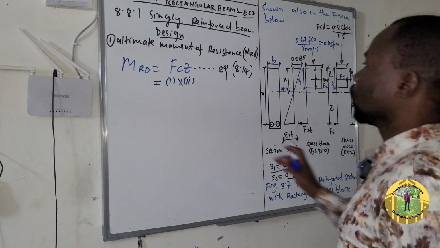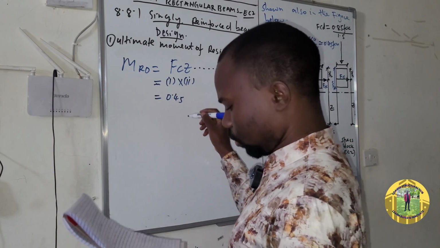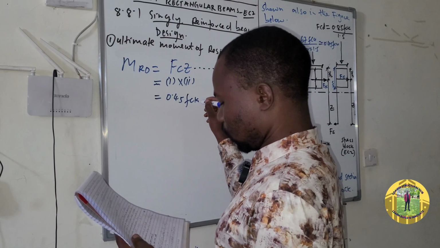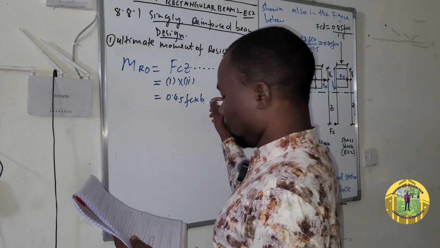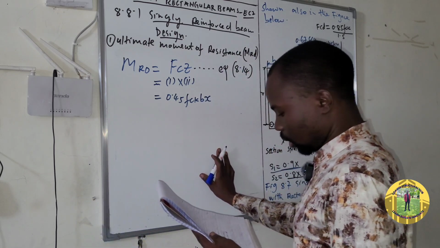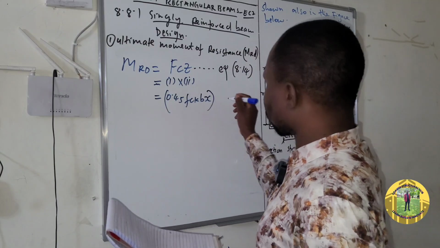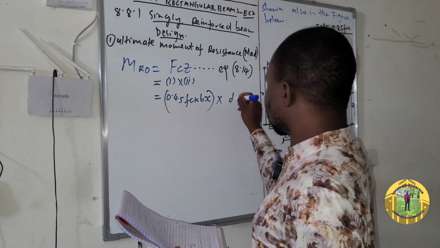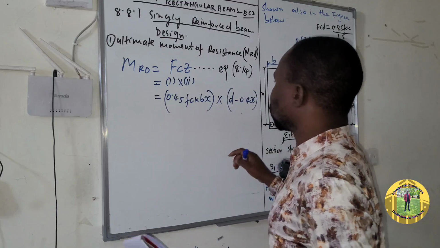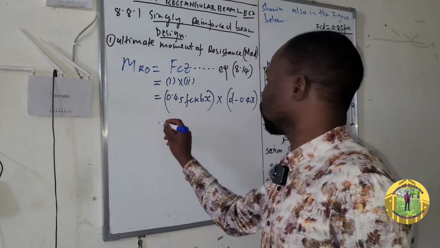So equation 1 is 0.45 FCK bx, and you multiply by equation 2, which is D minus 0.4x.